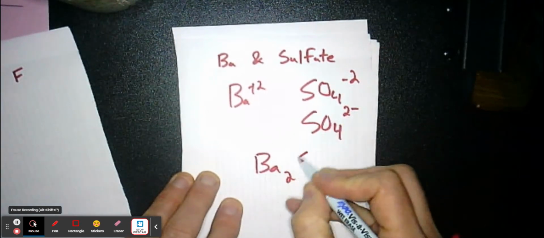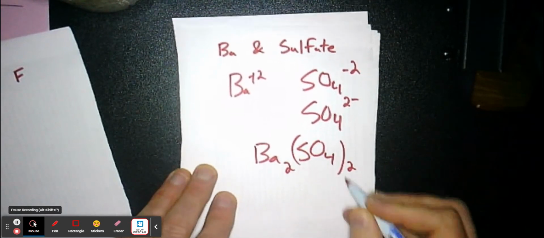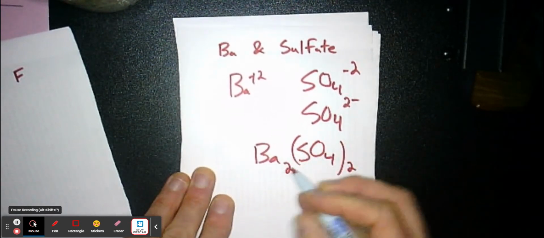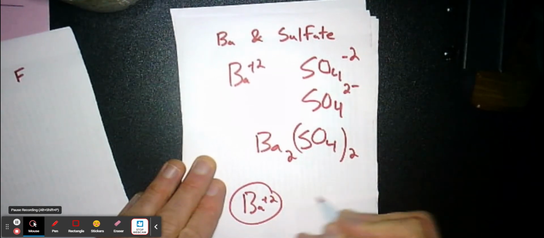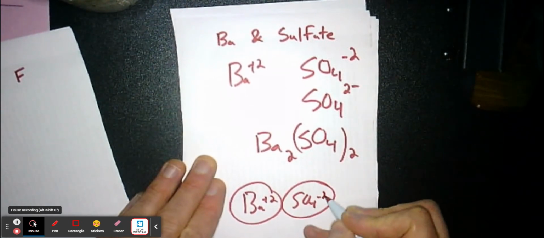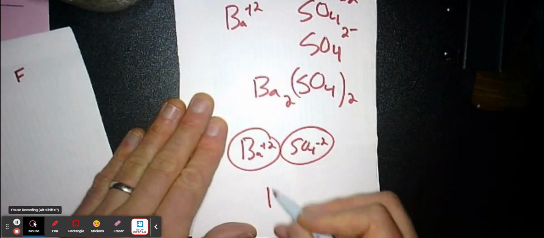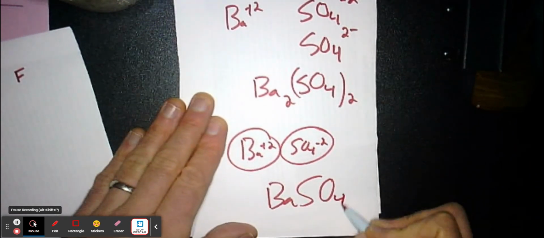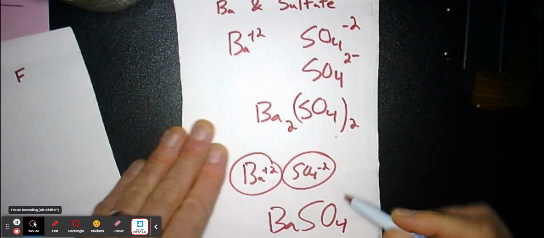If you swap the charges, you get 2, 2. Then you would reduce it. Another way is like that. I can see that it's neutral. That's the actual answer.